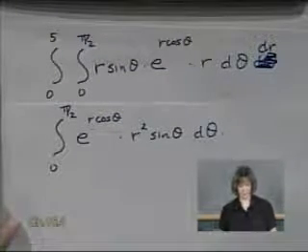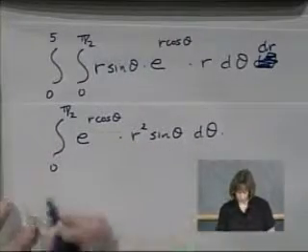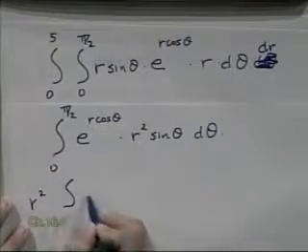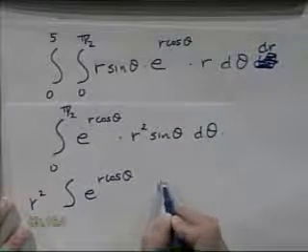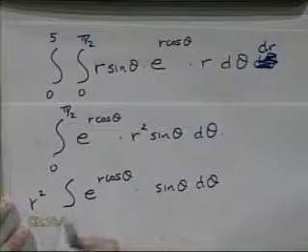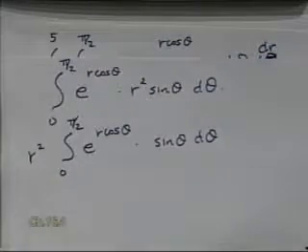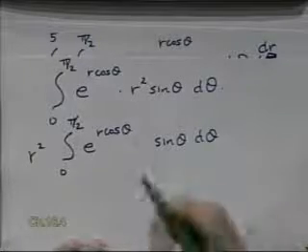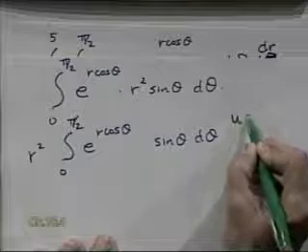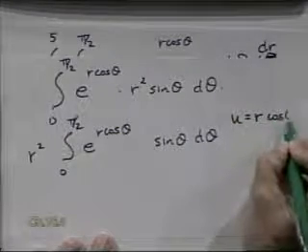R is a constant, so we could throw the r squared out front. What do you think, people? How can I do this? u could equal r cosine theta, absolutely. So we're going to let u equal r cosine theta.